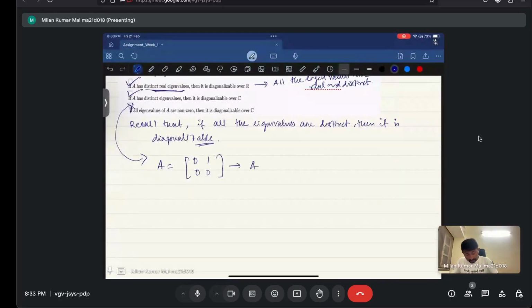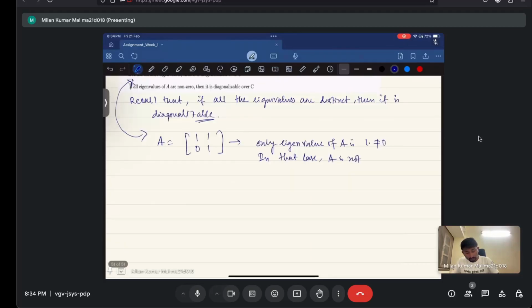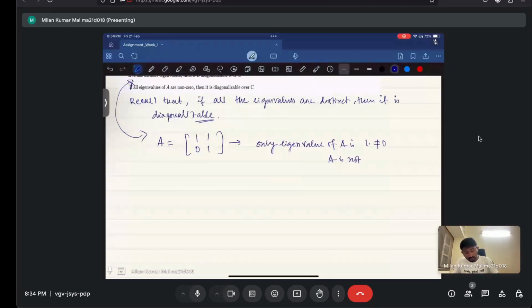Actually it is asked to have non-zero eigenvalues, so take A equal 1 1 0 1. Here the only eigenvalue of A is 1. But in this case, A is not diagonalizable.